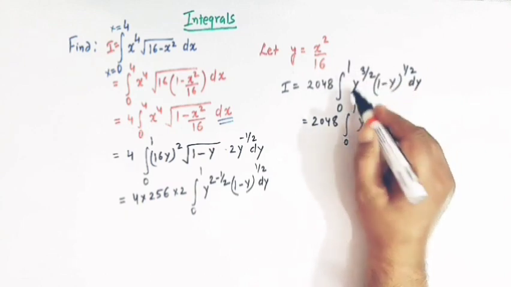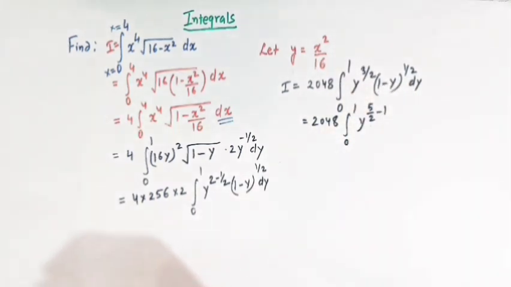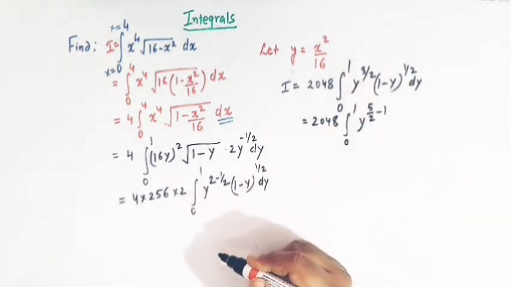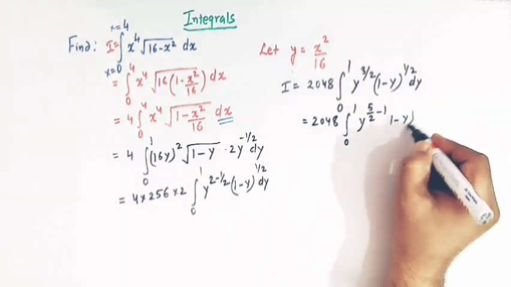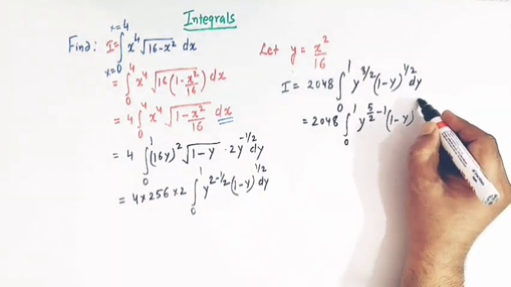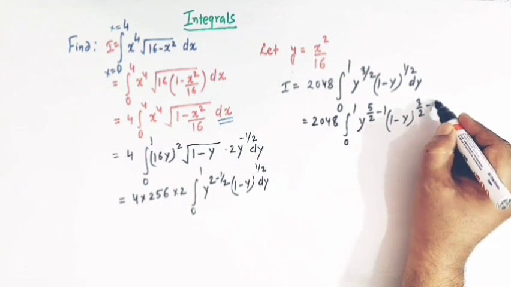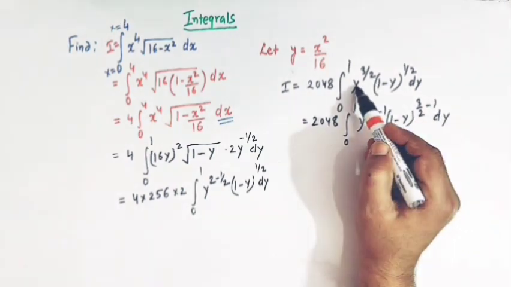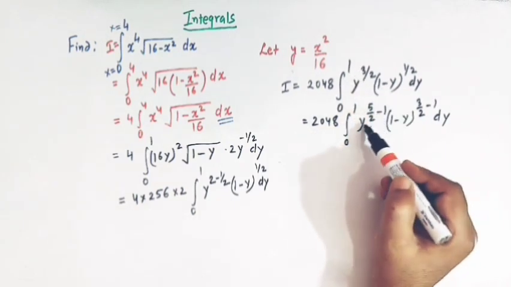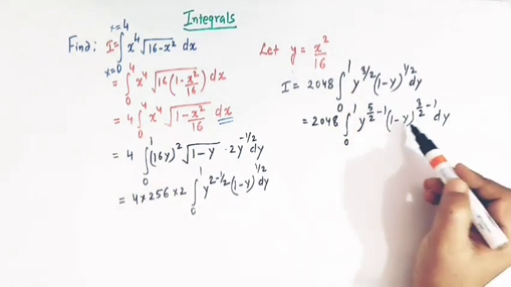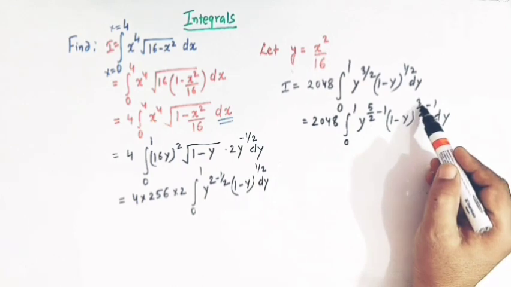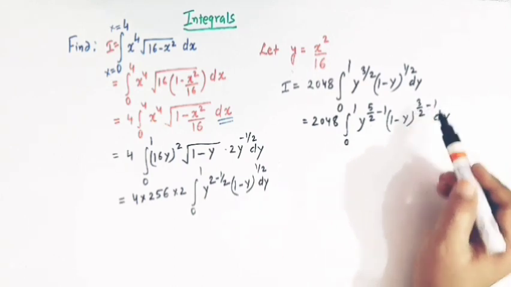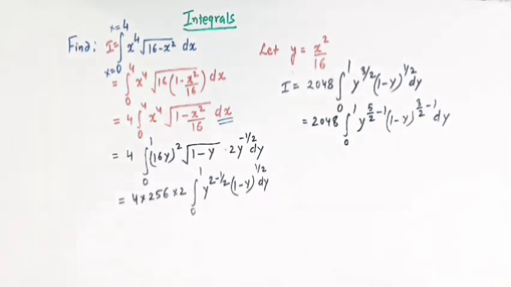In order to convert this integral into the beta integral, right? And here we have 1 minus y raised to 3 by 2 minus 1. So now we have written y raised to 3 by 2 as y raised to 5 by 2 minus 1, and half as 3 by 2 minus 1.